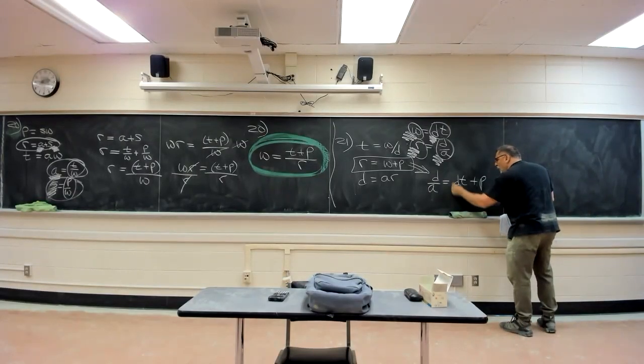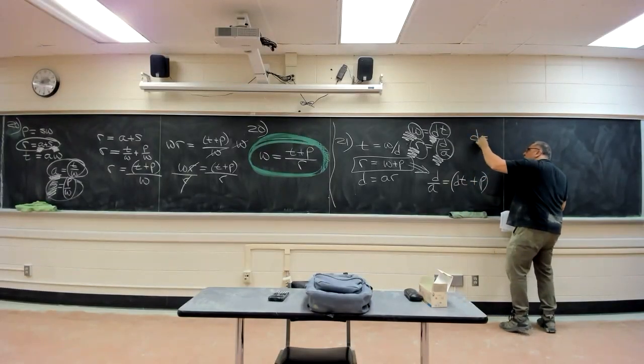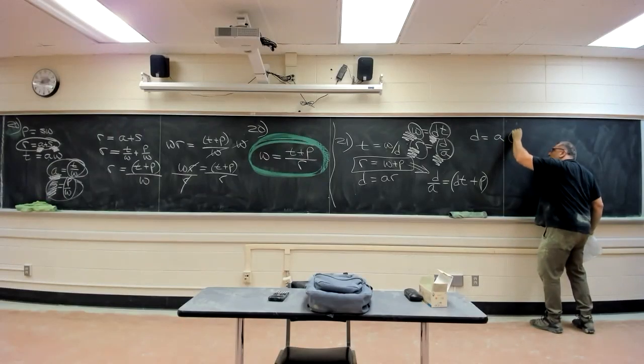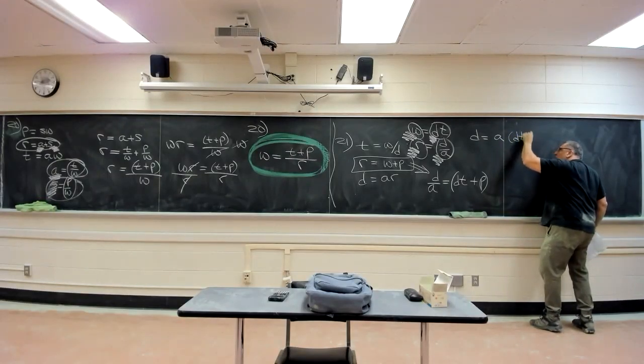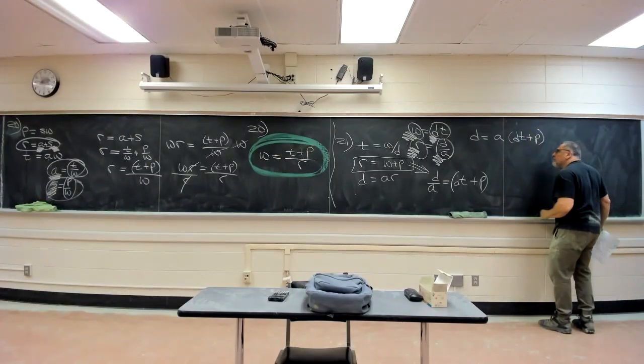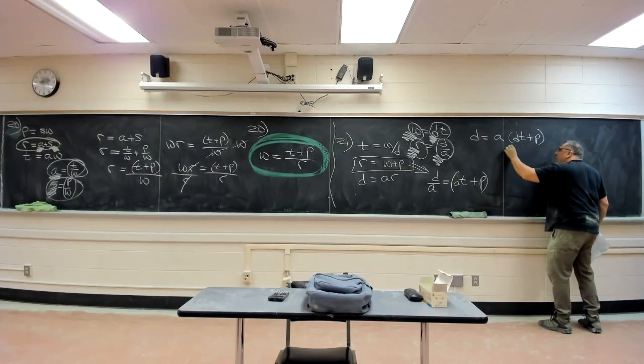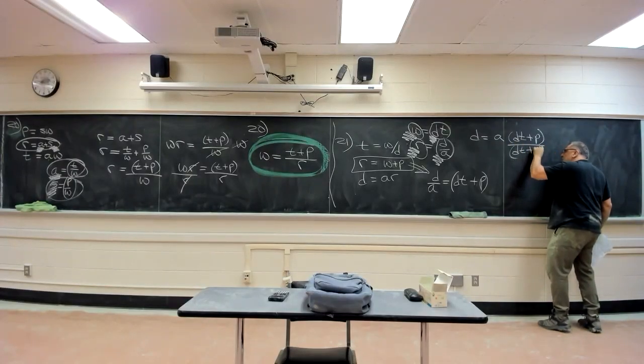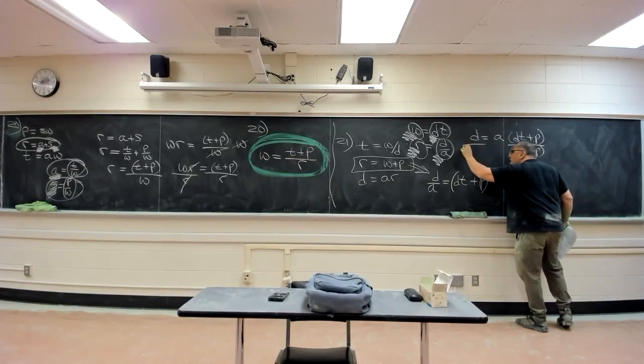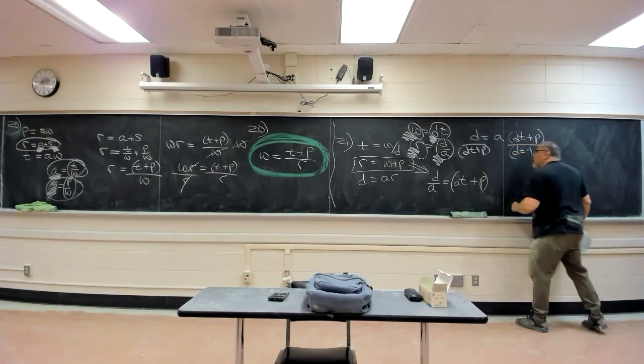A lot of ways to go here. Tell you what, put these in parentheses. Don't have to, but you can. Multiply by A on each side. Divide by the quantity D times T plus P on each side.